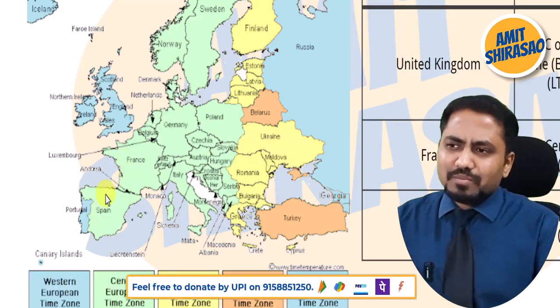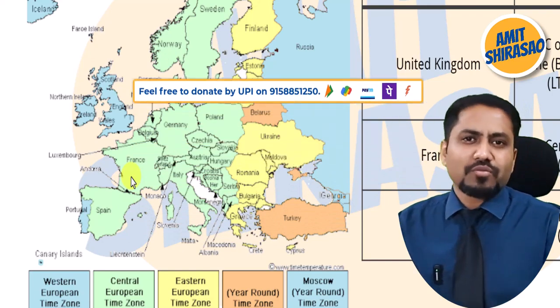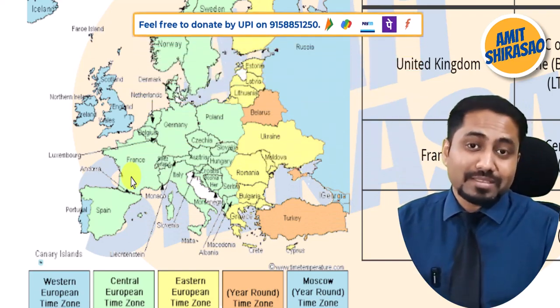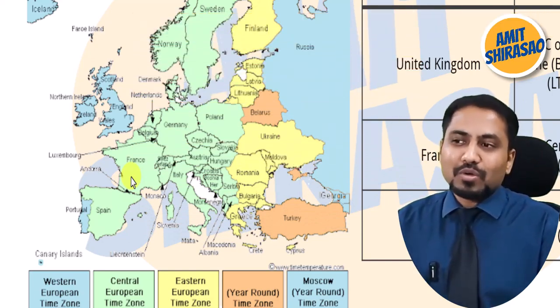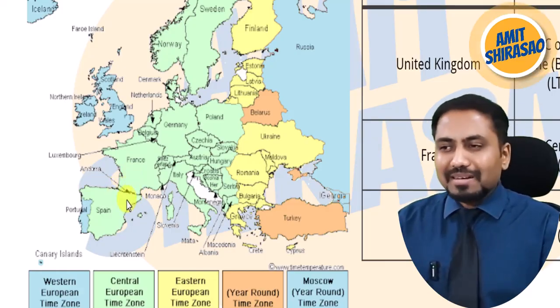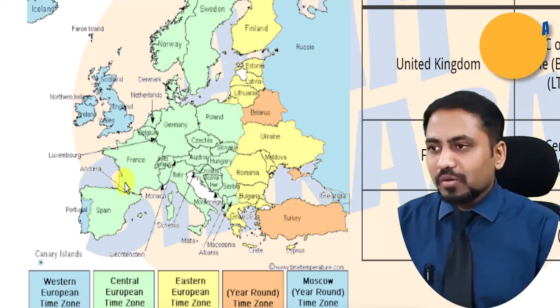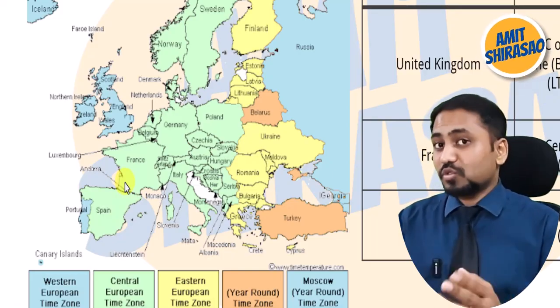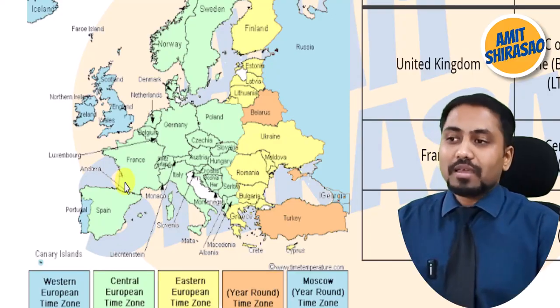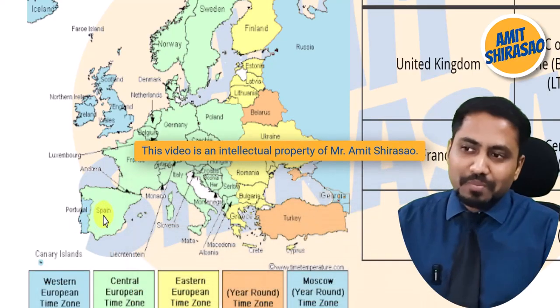So Spain says, oh, I align better with France, I am a friend of France, I will follow the time zone that France asks me to follow. Rather, even if it is not a friend, it shares a border with France, so it cannot pick a conflict with France. So when France wants its time zone to be followed by most of the countries, then Spain says, okay, you are anyways my neighbor, I am following your time zone.